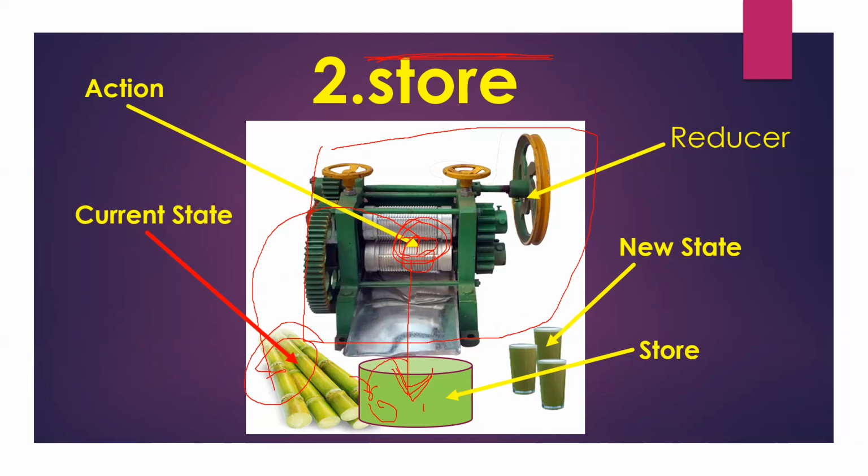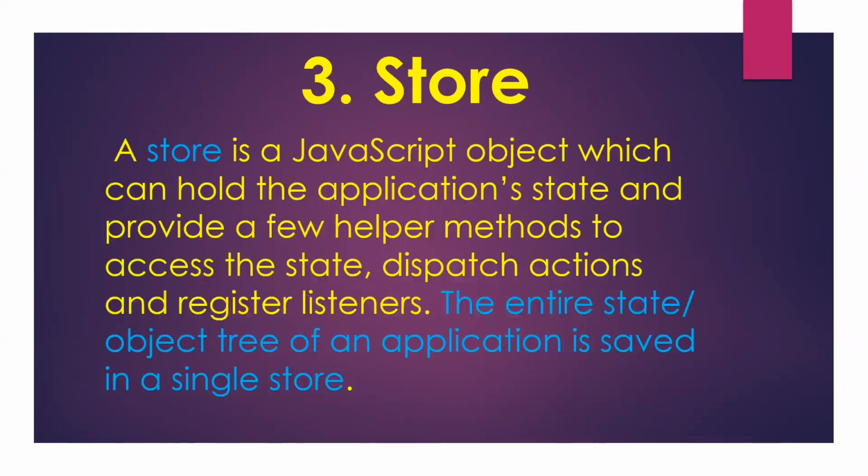So in React Redux also, whatever new state is generated is kept in the store, and from the store it is then extracted in different classes. So what is store?